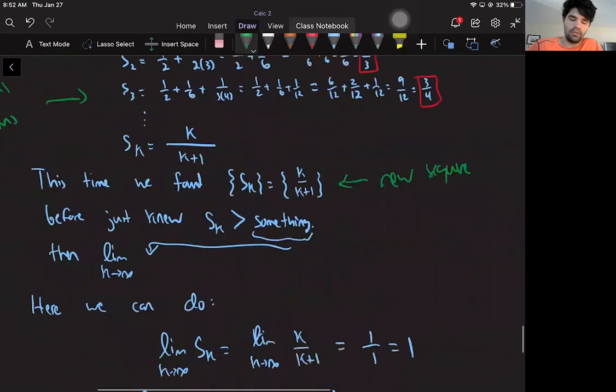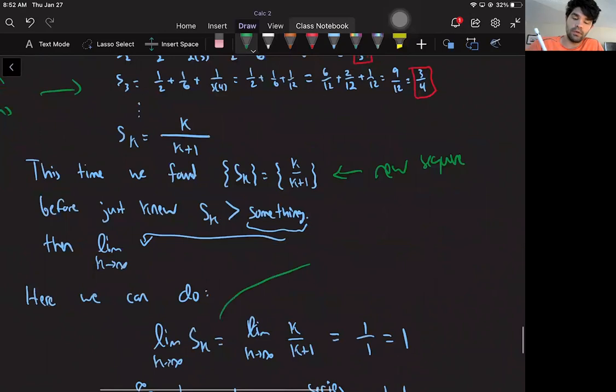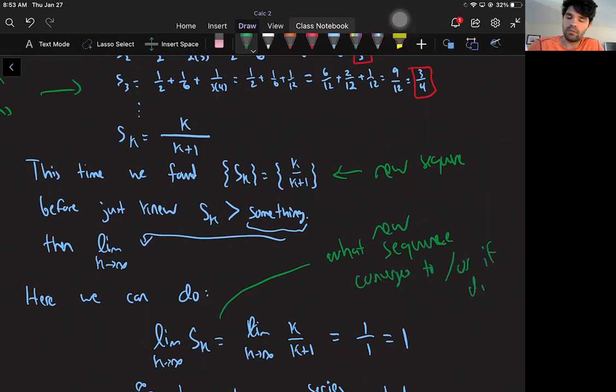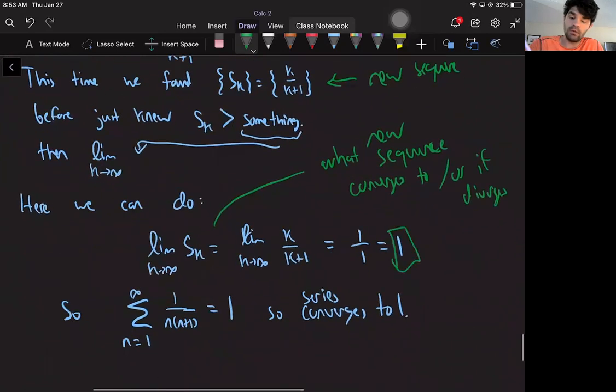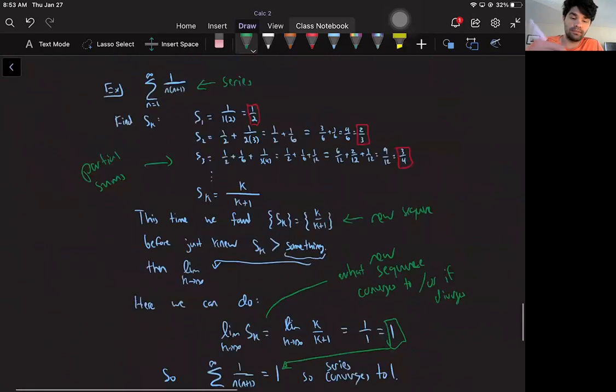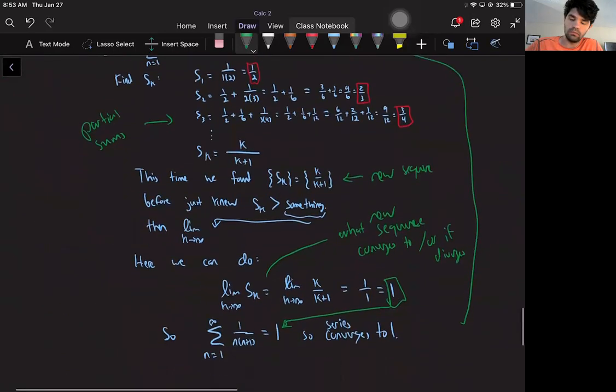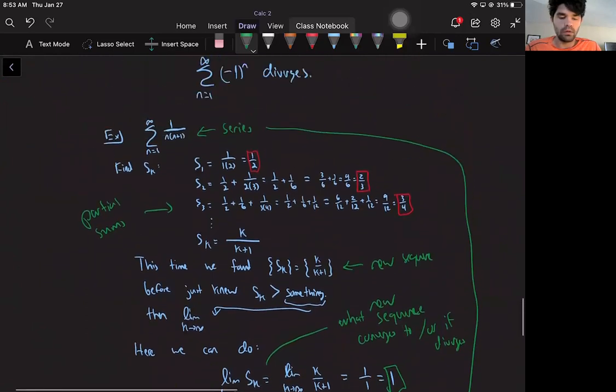And you're trying to figure out what the new sequence converges to, or if it diverges. And whatever it goes to or doesn't go to, that's what the series that we started with converges to.